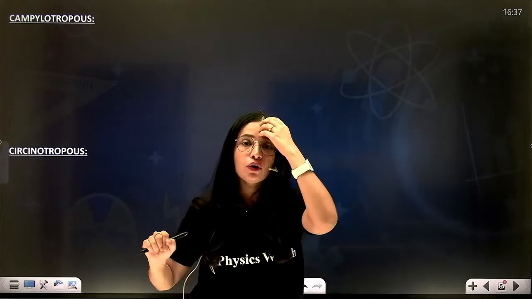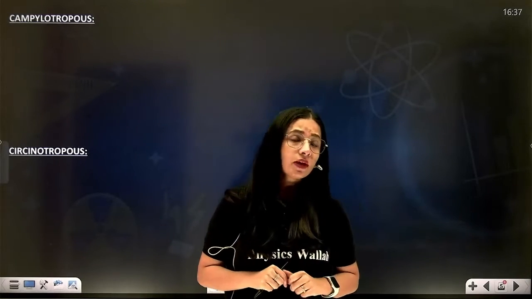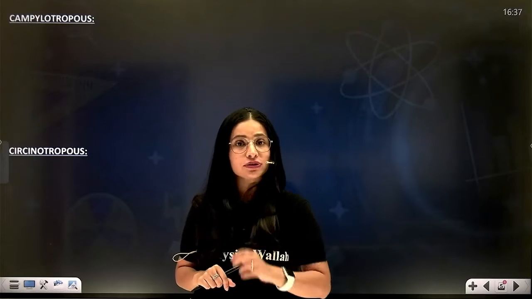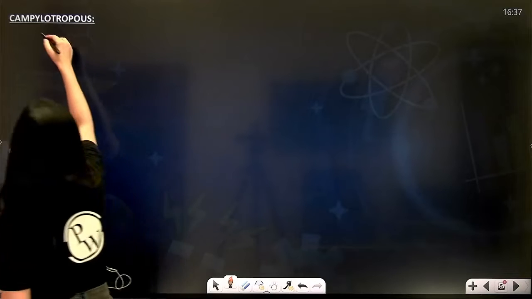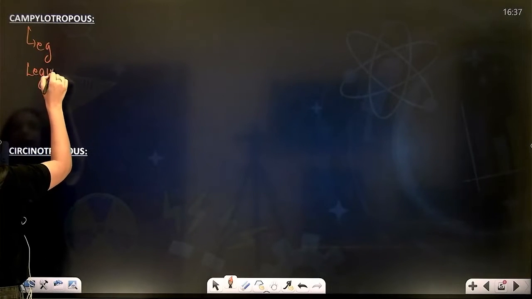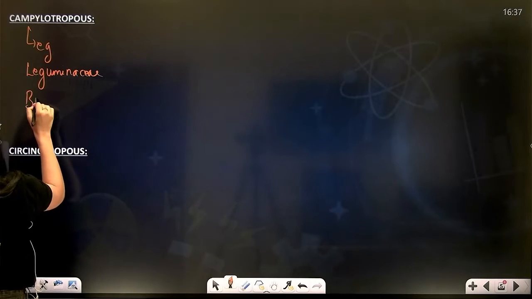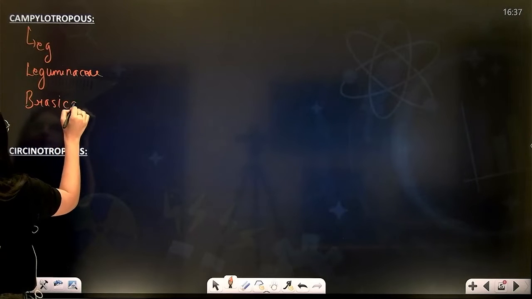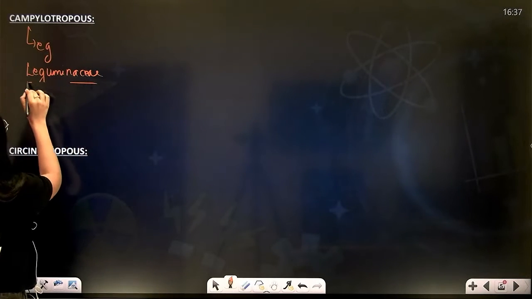This type of ovule is known as campylotropous, which is seen in families like Leguminosae and Brassicaceae. These two families you also study in detail in your chapter on morphology. So examples of campylotropous are members of Leguminosae, that is your pea family, and Brassicaceae, that is your mustard family. Okay, Brassicaceae spelling.